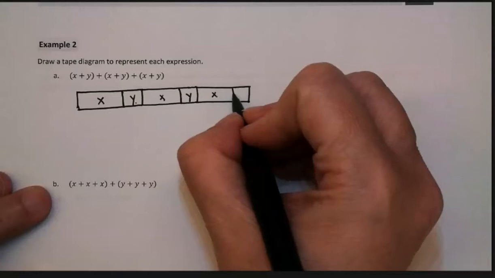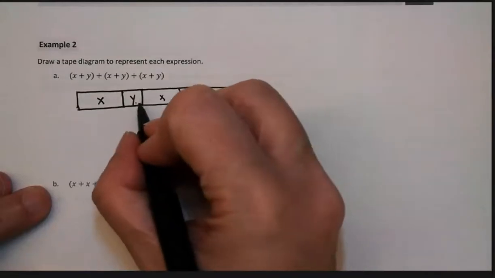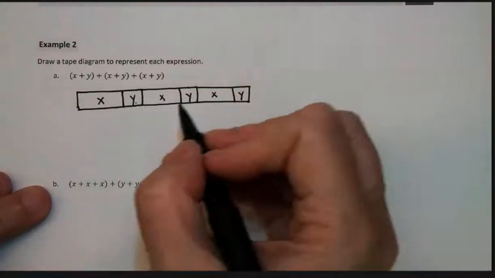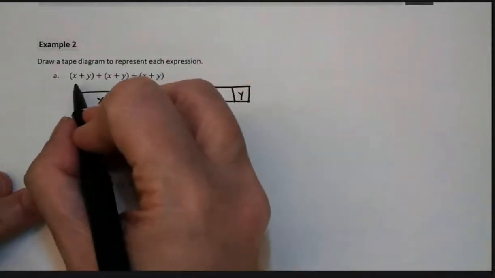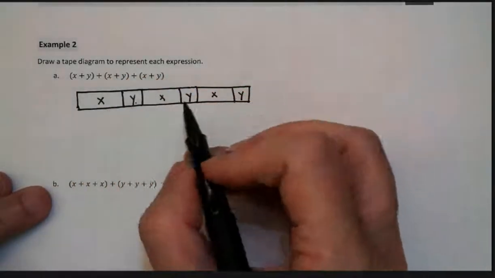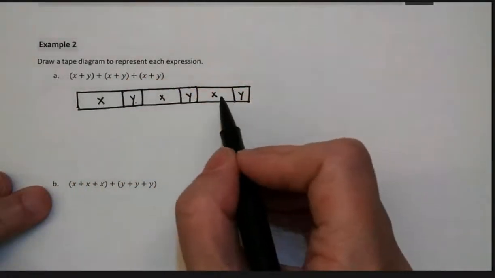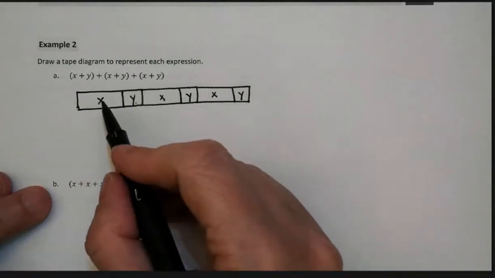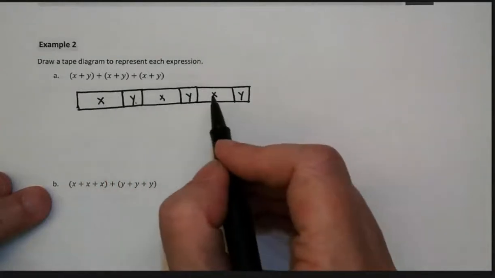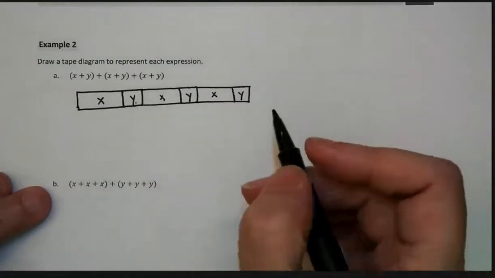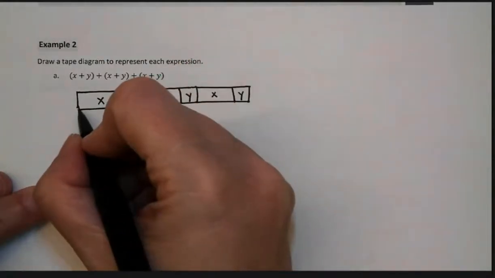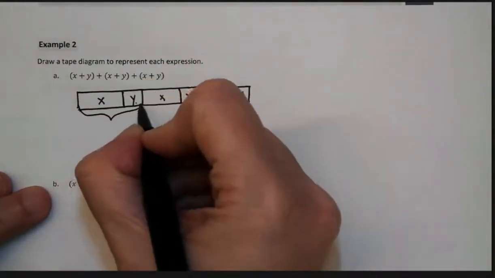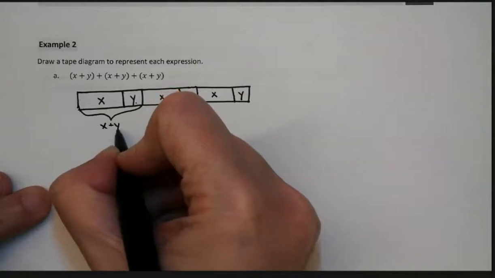And then my x and my y, and I tried to make all my y's exactly the same size, all my x's exactly the same size, because that variable is representing exactly the same number each time. So that is a tape diagram to represent all of my x's and all of my y's. So how many x's did I end up with? So this is x plus y.